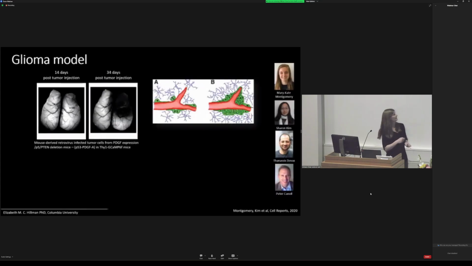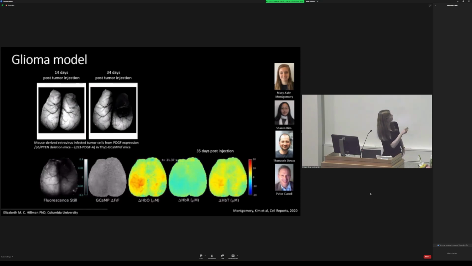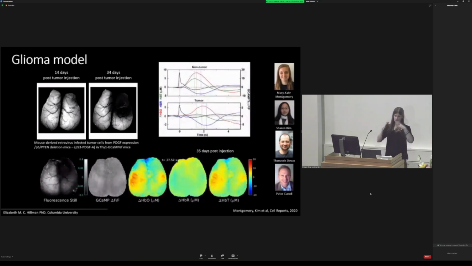And really quick, this one is a nice example as well. We realized, somebody was talking about this a bit earlier, that glioma cells actually can migrate along blood vessels. And so we put a tumor into one of these mice. And one of the first things we recognized was that we were seeing these little interictal events. We could really see these sudden spontaneous flashes of activity, and we could see that those were also evoking a hemodynamic response.